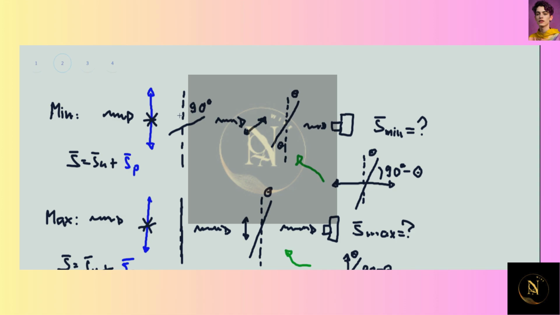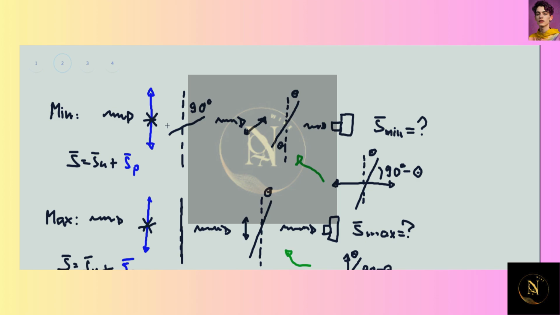So, okay, for the minimum setup, as we've said, you're basically blocking out all of the polarized intensity of the incident light, which means that you rotate your first polarizer until you reach a point that its polarization axis is perpendicular to the polarization axis of the light itself.